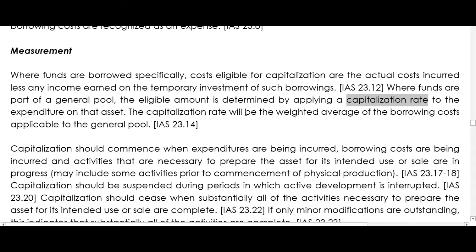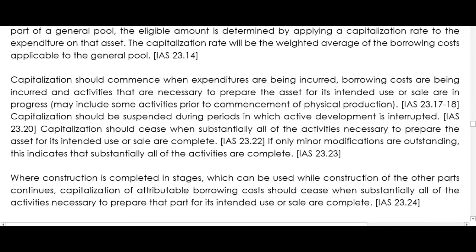Tapos, it will be applied doon sa weighted average of the expenditures. So basically yun yung mga consideration natin dyan. So kapag general borrowings, ang una mong gagawin, hanapin mo muna yung capitalization rate, tapos next hanapin mo yung weighted average expenditures.